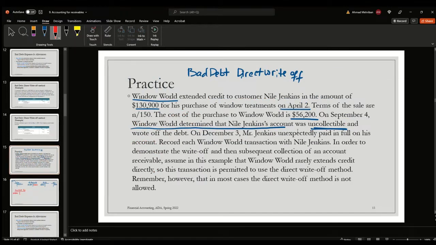Now let's assume, if we continue with the example, that on December 3, the customer unexpectedly paid the full amount on his account.